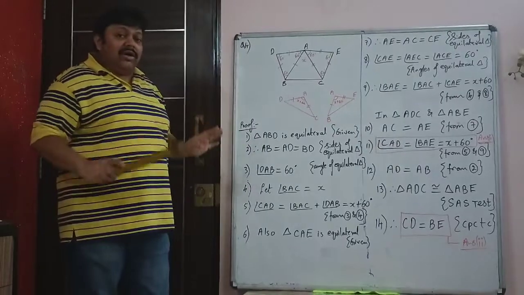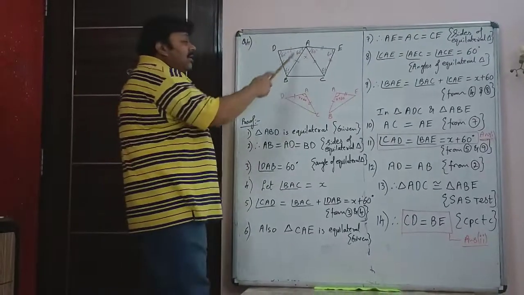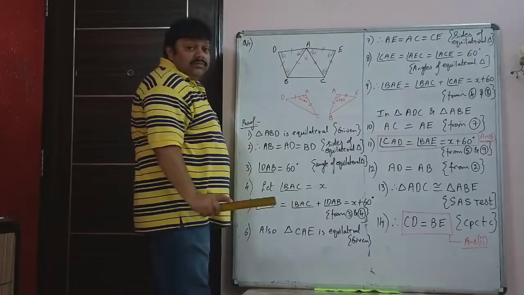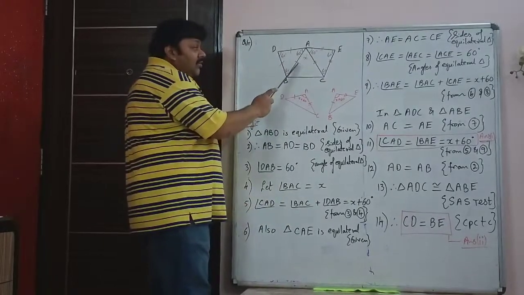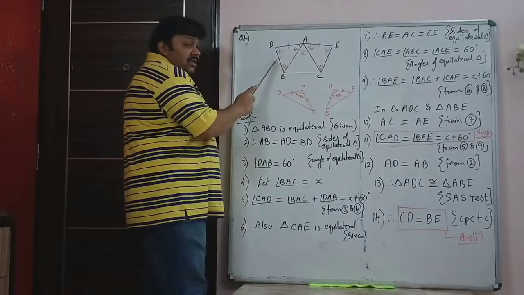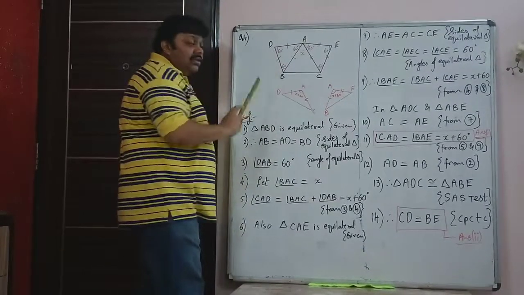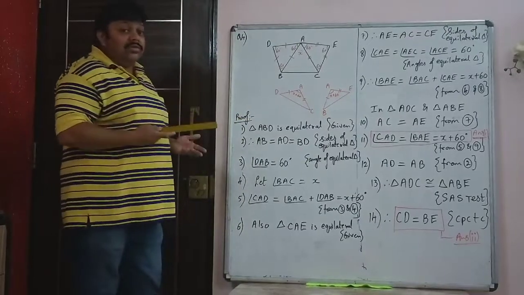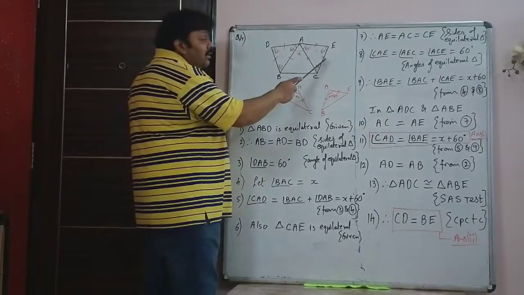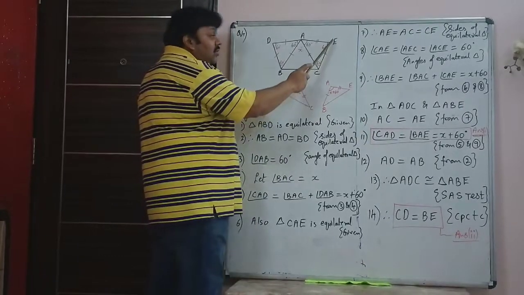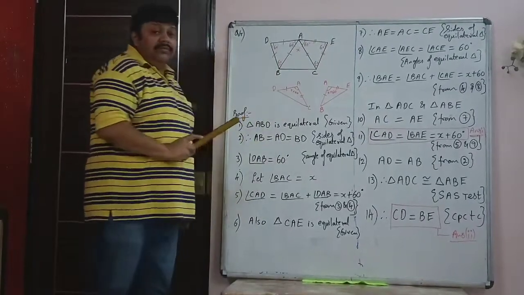But because you are not given that AB is equal to AC, I can't say that these 6 sides are equal. That is why I have used a single line for these three, which indicates that AB is equal to AD is equal to BD. And I have used a different symbol, a double line for these three, which means AC is equal to CE is equal to AE.